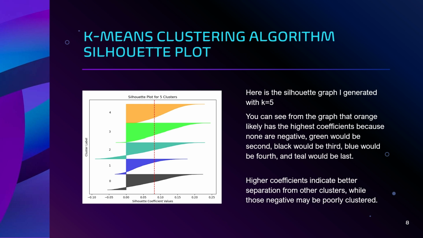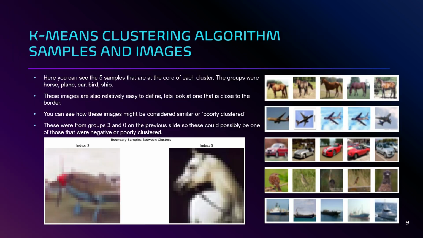But some of those could be interchangeable or be close. Higher coefficients basically indicate better separation from other clusters. But those that are negative are basically probably poorly clustered or have a higher chance of being.